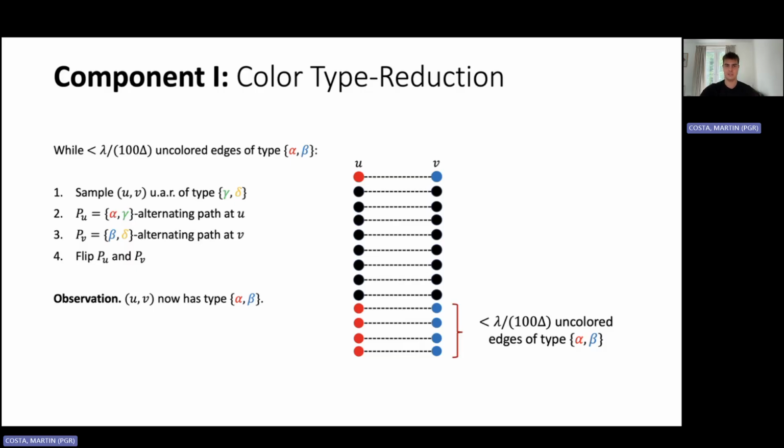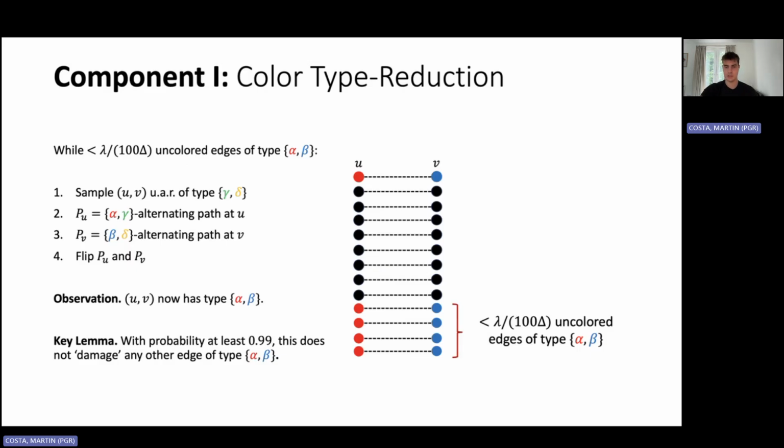All right, and this is always going to be true. But what we can also show is that with some large probability, let's say probability 0.99, this also does not damage any of the other edges that have type alpha beta, meaning that it does not take some edge that had type alpha beta already and now make its type something else.